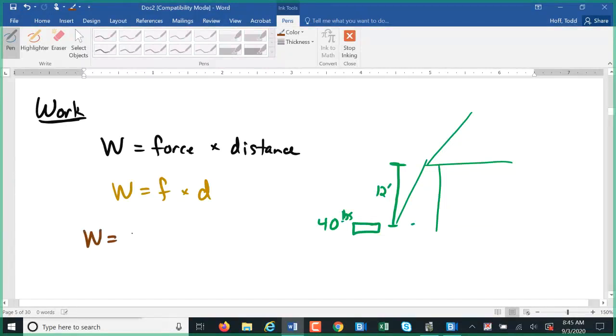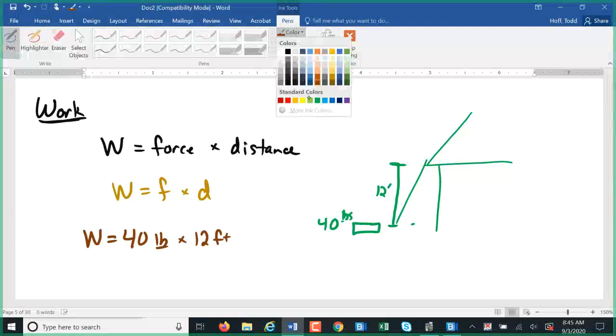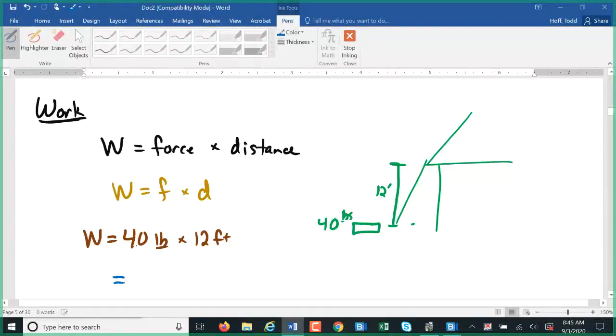So the amount of work that's done here is 40 pounds of force times 12 feet of distance. 40 times 12 is 480. But then we also, remember, when we multiply, we combine the names. For areas, it was inches times inches to be square inches. Here the units are different. It's pounds times feet to become pound feet, or foot pounds is the more common way of listing it. So the amount of work done here is 480 foot-pounds of work.